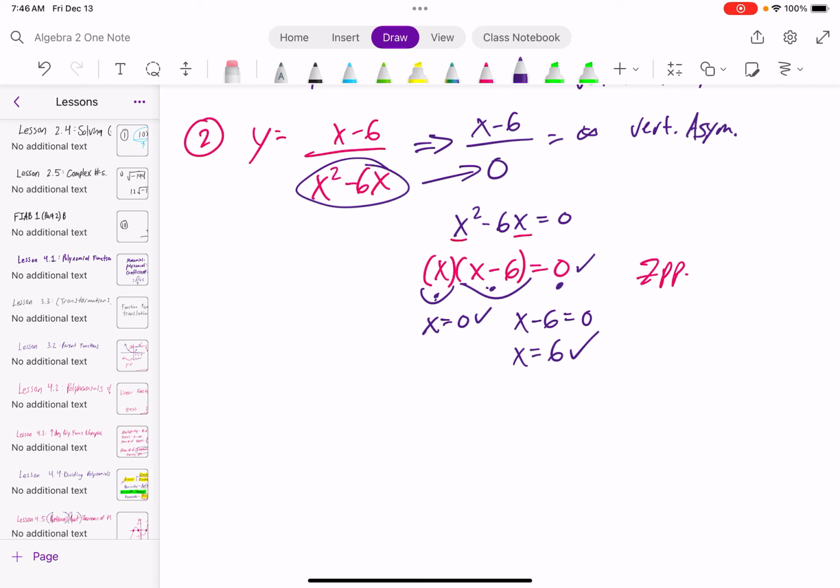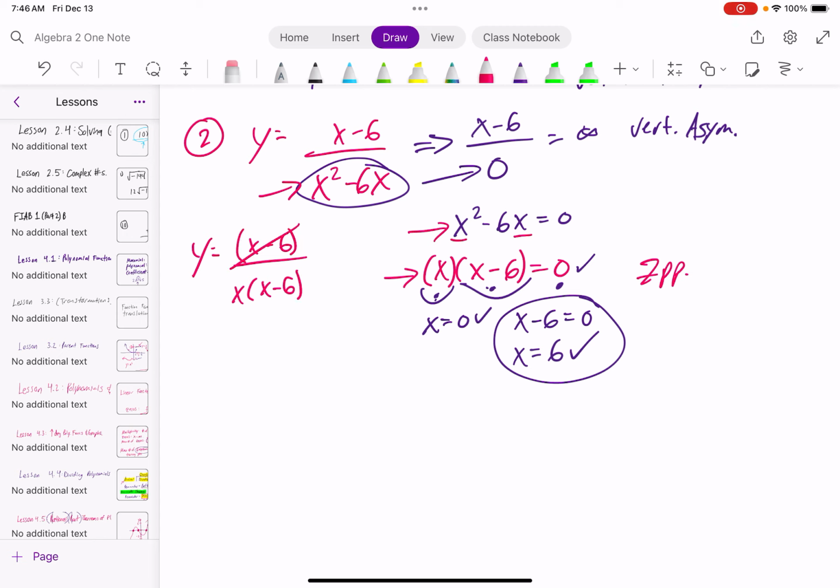Now, we might think that x equals 6 is a 0. However, when you plug this in, what do we get? Remember our function, y is x minus 6 over this piece here, which is this right here. If we plug that in, we notice these are the same. So they cancel out, and that is the hole that we're talking about. There's actually a hole at x equals 6.